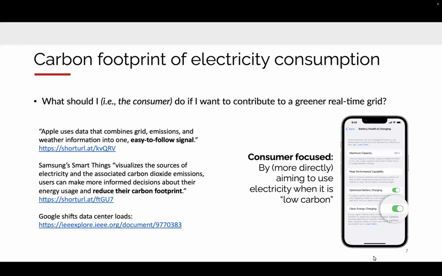Examples from Samsung, who does automation of electric devices for end users to help run them and skew their electricity use to times of low carbon emissions.